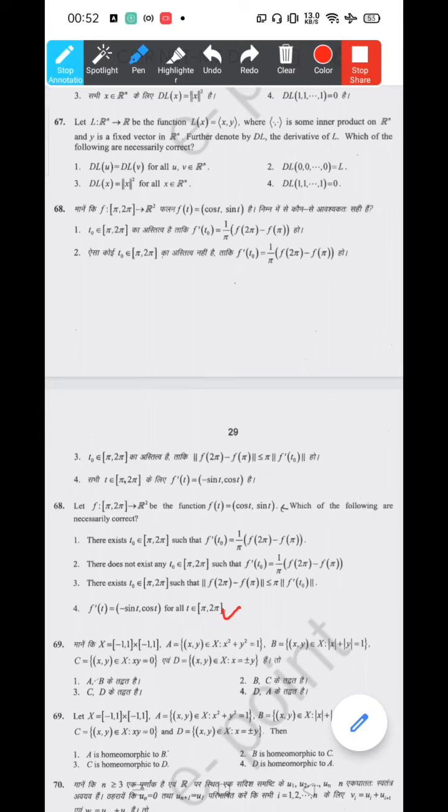Yeah, actually, the function is not a direct derivative, something like that. This is not a real valued function. This option won't be true. So option 2 must be true. This is okay.